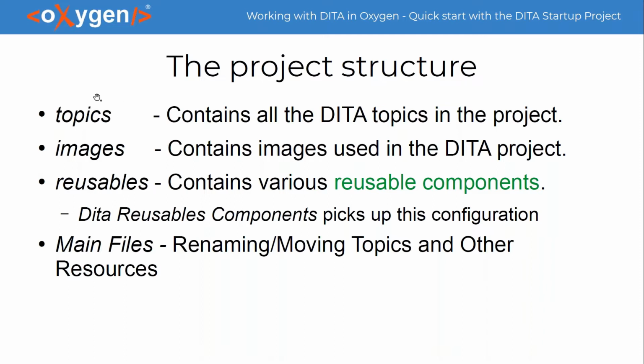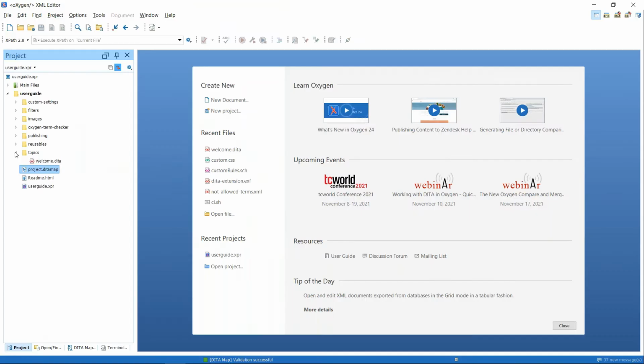For example, the topics folder is where you put all the DITA topics. Similarly, you have the images folder, which contains all the images. Right now it's just one sample topic, but here is where you create new topics. The images folder also has just one image in it.